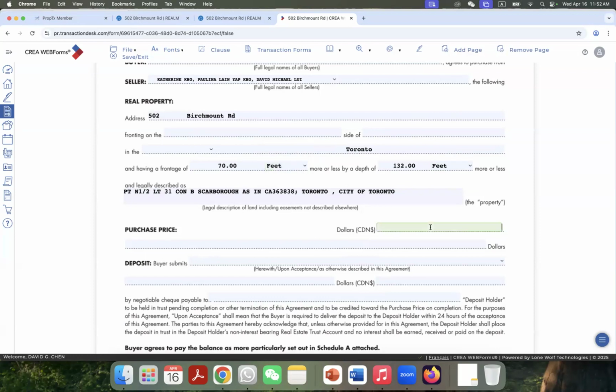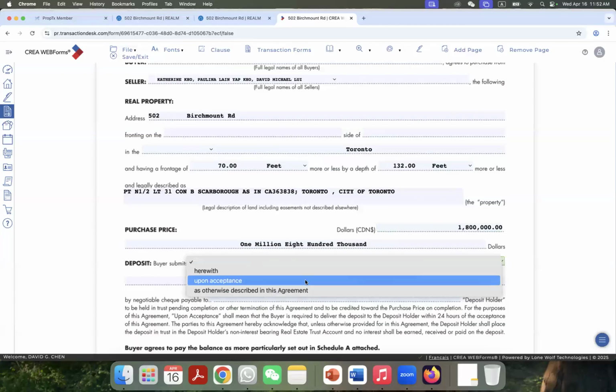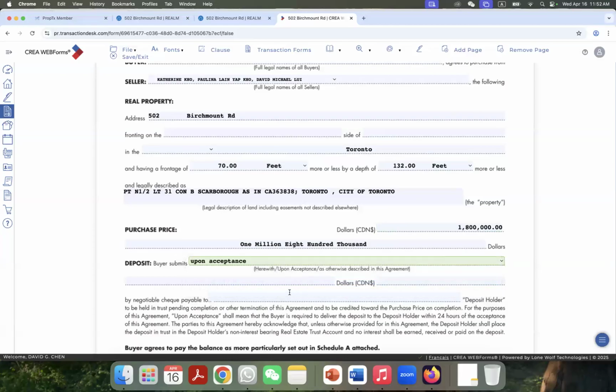Here, the pricing. They're asking 1.9 million. Based on the cap rate, maybe I can offer them 1.8 million first, just for example, okay? Deposit will always be upon acceptance. So the deposit will be at least 5% of the purchase price.